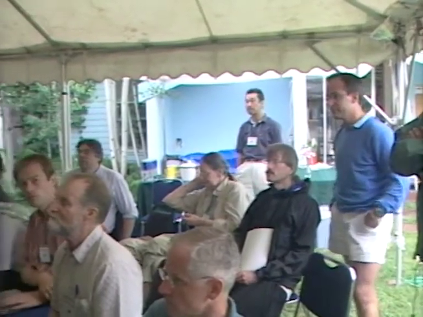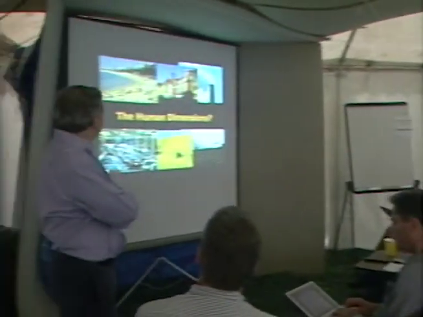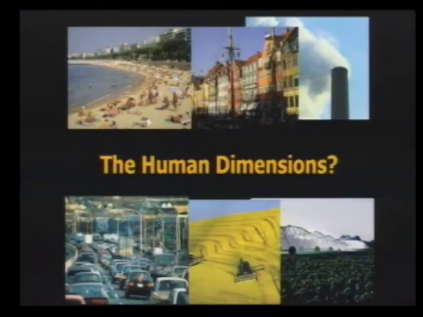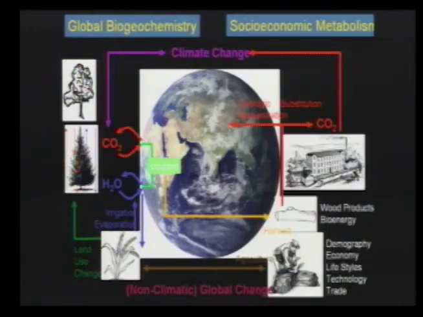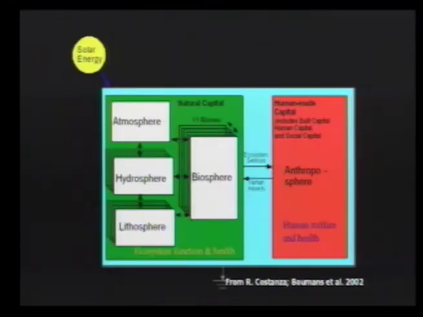Yeah. So I wanted to make a pitch because not only for the climate issue, but also for the chemical composition of the atmosphere, the human dimension is important, and clearly we have to think about how to bring together the global biogeochemical system and the socioeconomic system. And that's, of course, another challenge. We don't discuss it here, but my point was that we really want to bring together an Earth system model.